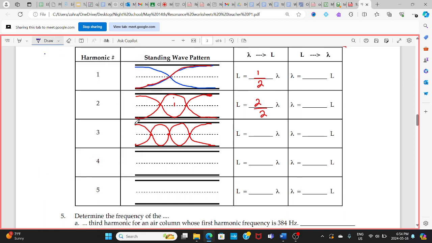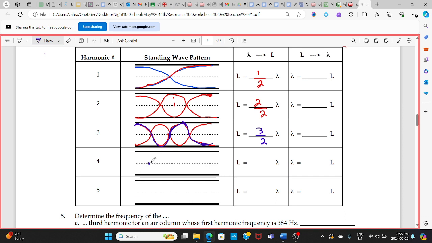So looking at this, from maximum to maximum is one wavelength. And from the maximum to minimum, it is half a wavelength. So 1.5. 1.5 wavelength is like 3/2. Is that clear?